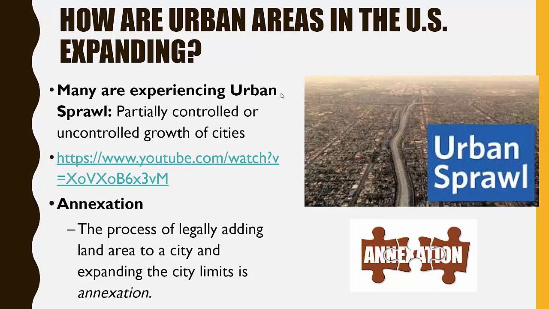Because that allows them to potentially expand their boundaries, and that allows them to potentially collect greater tax money and more revenues, especially since many Americans, wealthy, middle class, and upper Americans, prefer to live on the outer edges of cities. It makes sense that cities want to expand outward to take advantage of those higher incomes to tax.